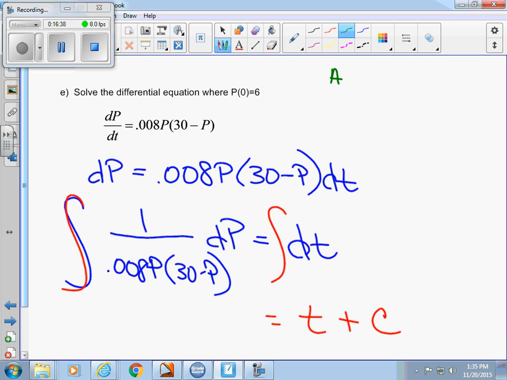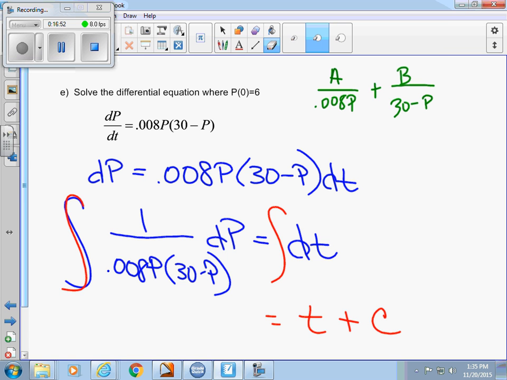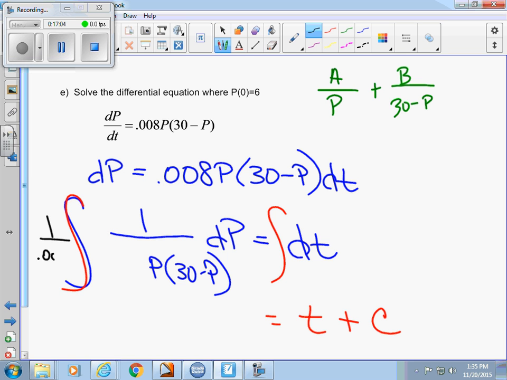So I have A over 0.008P plus B over 30 minus P. Everyone agree? Or actually, you can do this however you want. You can leave it in. Constants are kind of nice to just move out of the way and save yourself a little work.